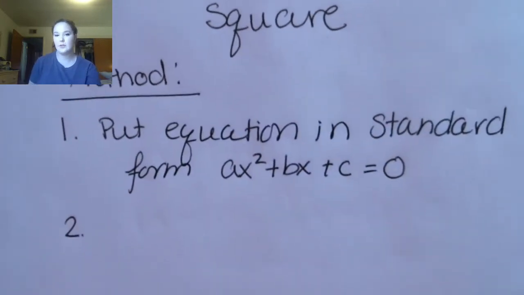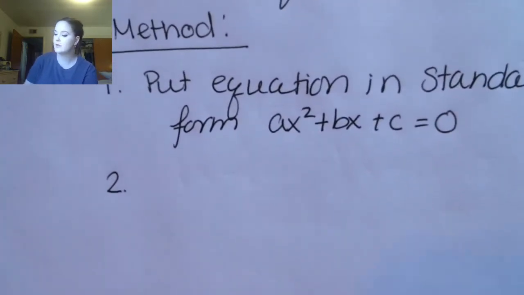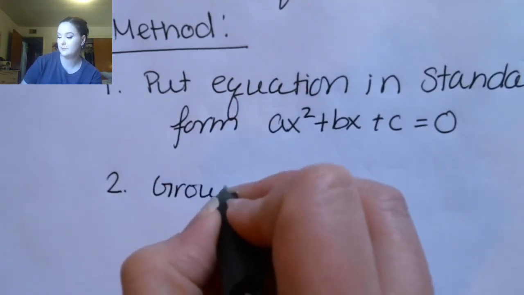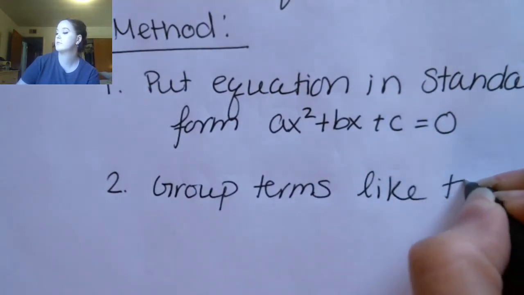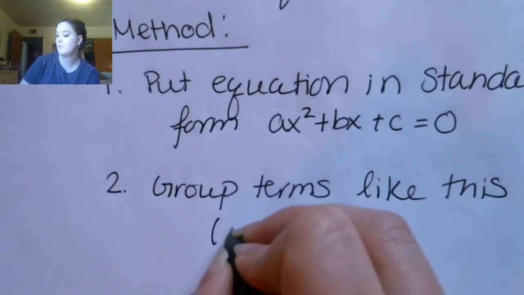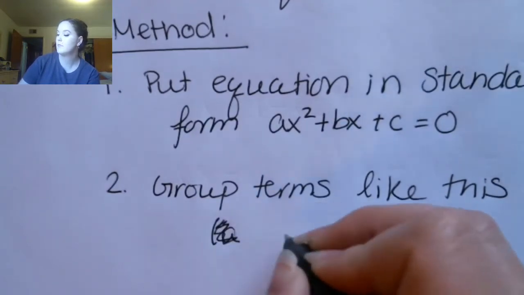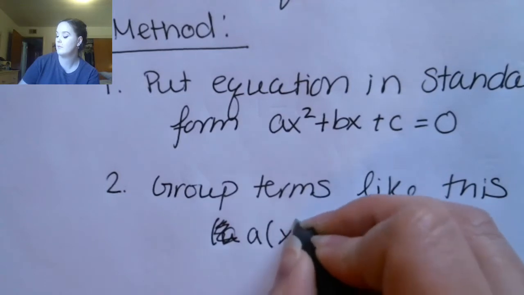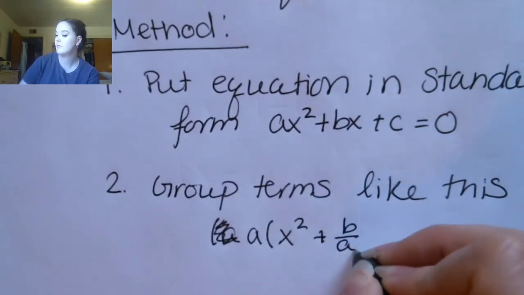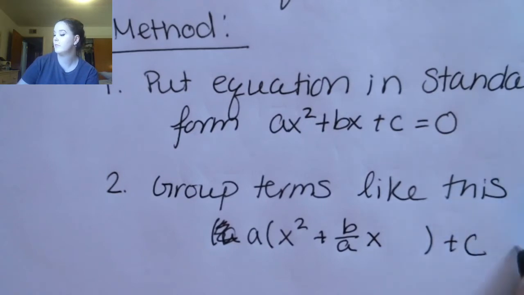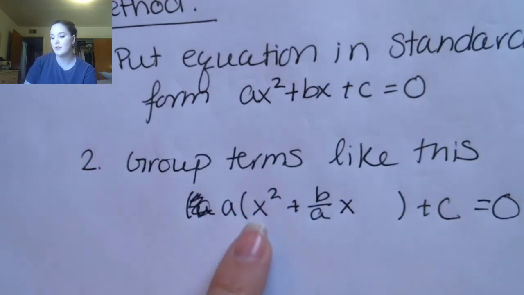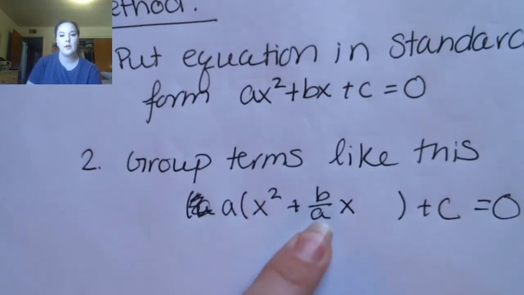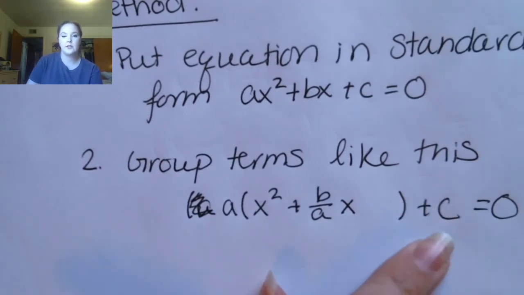Then the second thing we're going to do is group the terms. If we have a leading coefficient, we're going to factor it out of the first two terms, and then we're going to leave the constant term alone.